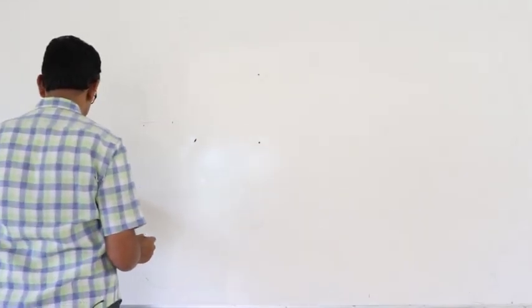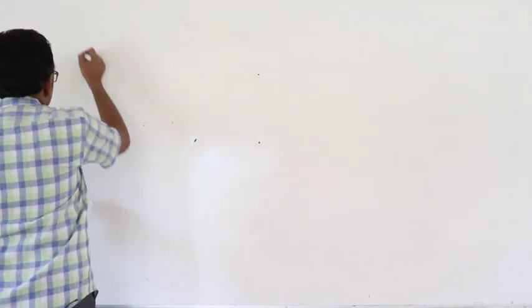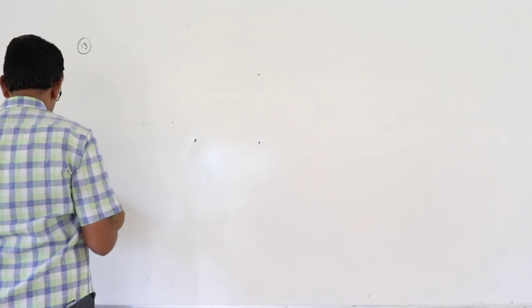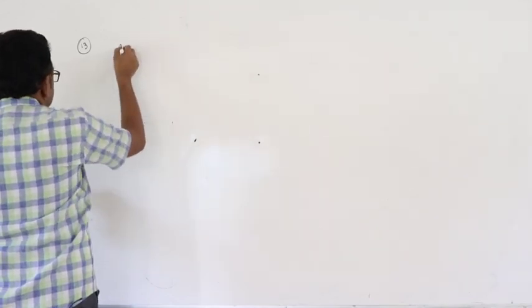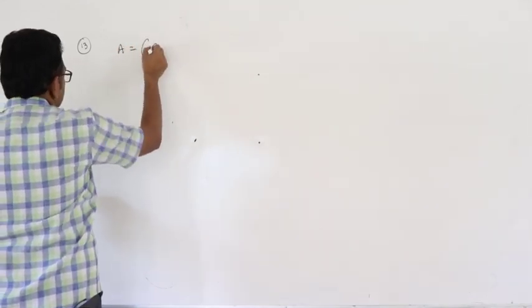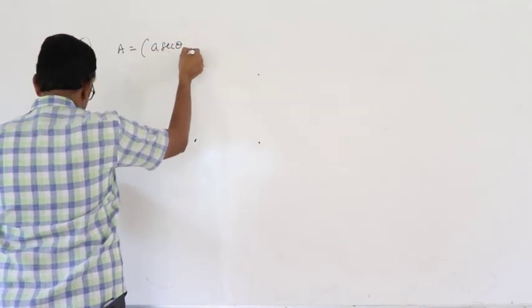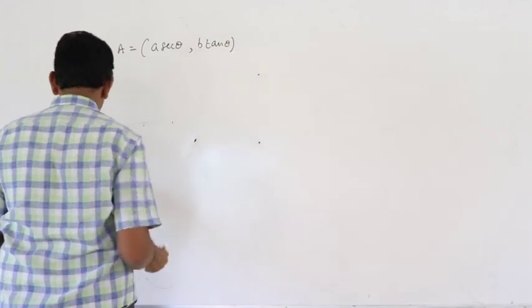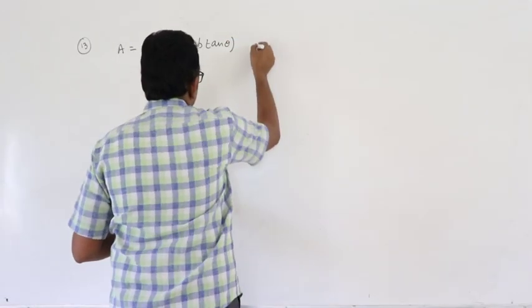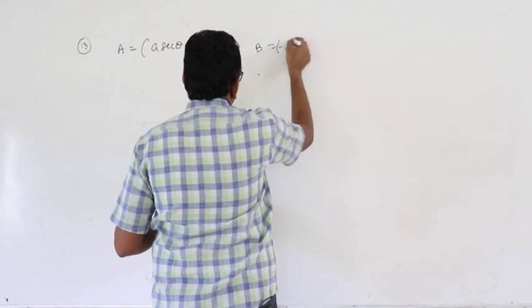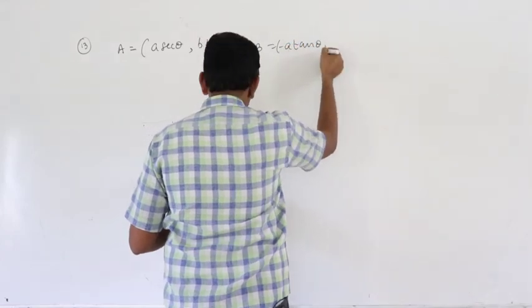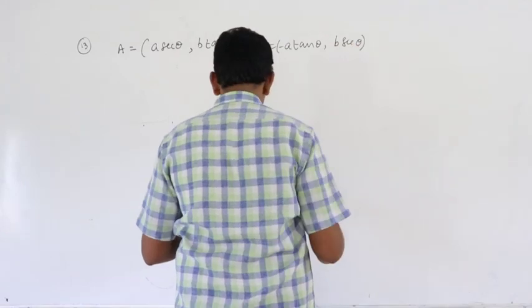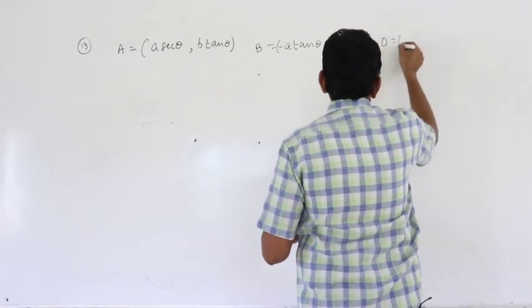Next one, A is equal to a secant theta, b tan theta. B is equal to minus a tan theta and b secant theta, where O is the origin.